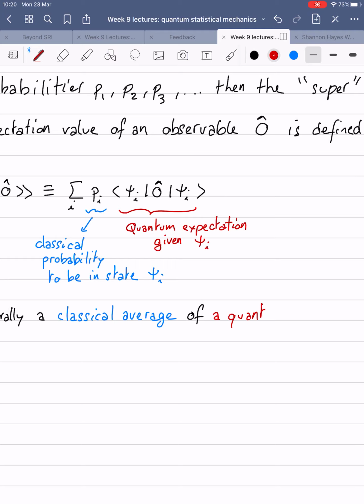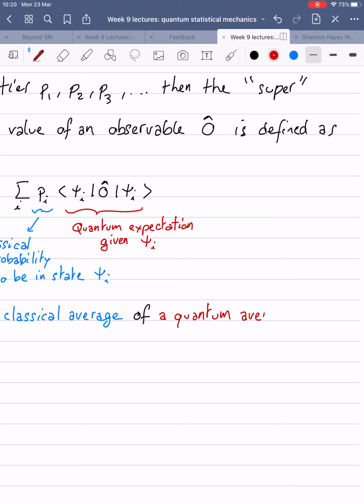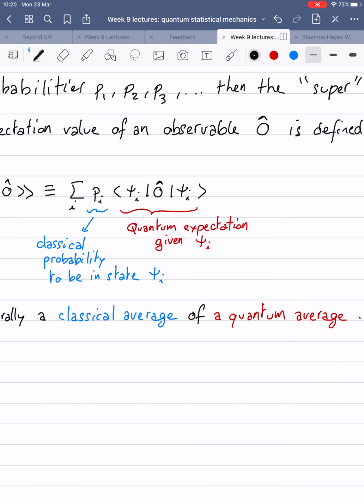That's why it's a super averaging, because there are two averages. You first need to account for the quantum average, and then you look at the probability for this quantum average to be there in the first place. So it's a weighted quantum average, if you will.